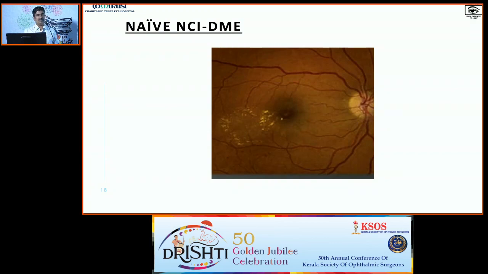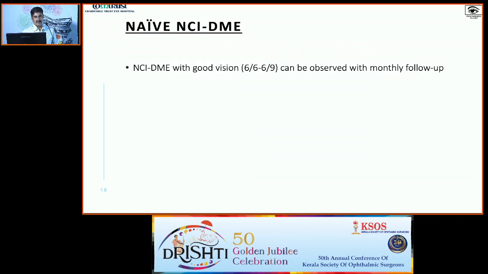So coming to proper management and treatment aspects, we will see some clinical scenarios. This can be one scenario where you have a non-center involving macular edema, but there are some hard exudates and thickening outside the center. In these cases, if the vision is good, you can safely observe these patients with good follow-up.